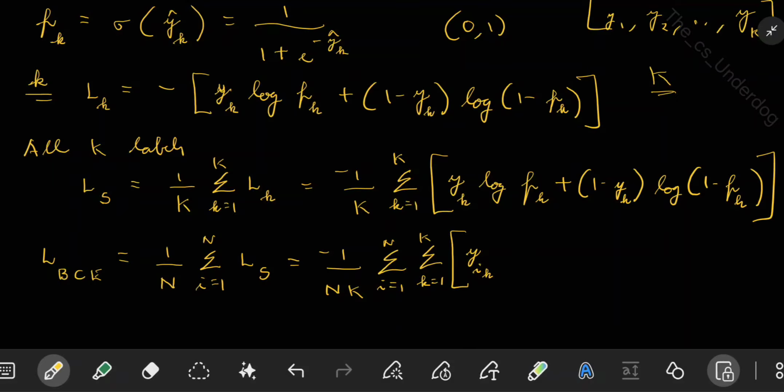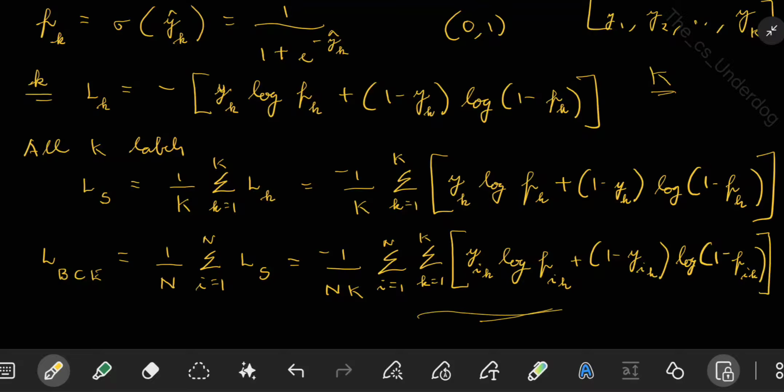Okay, yik log pik plus 1 minus yik log 1 minus pik. So this is how my loss function will look like. This is the final loss function considering binary cross entropy separately for each label, and that averaged out among all the k labels and for all the n different samples. This is the final loss function.